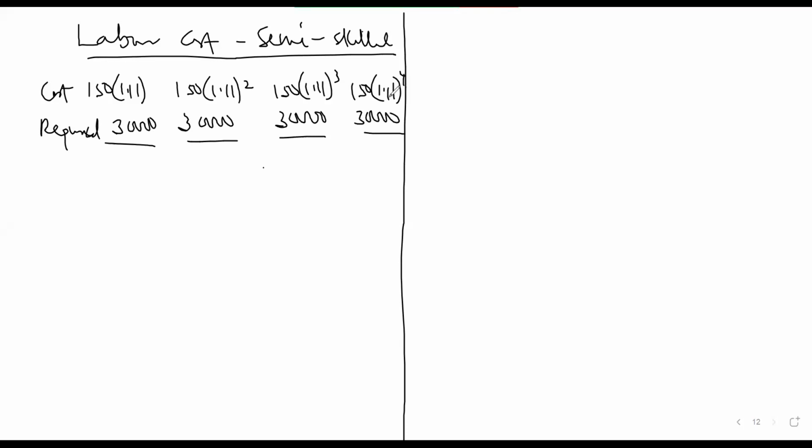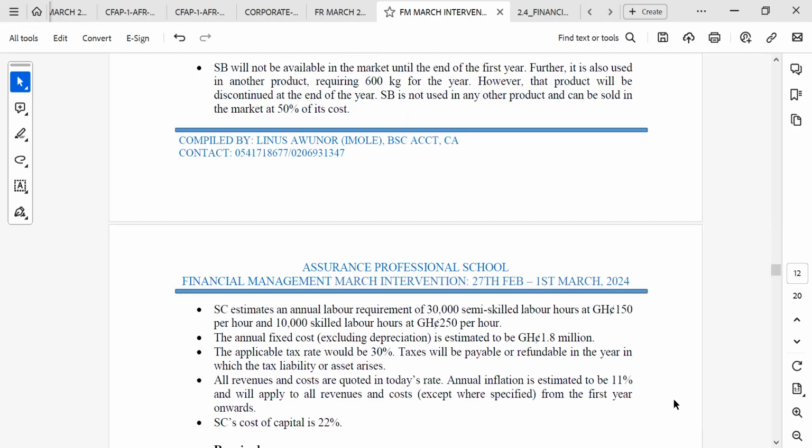Let's go to the skilled labor. Let's look at their cost. What is their cost per hour? It is 250, which is also in current terms.